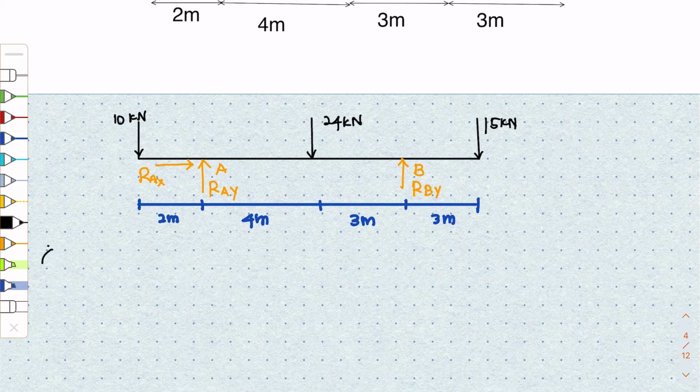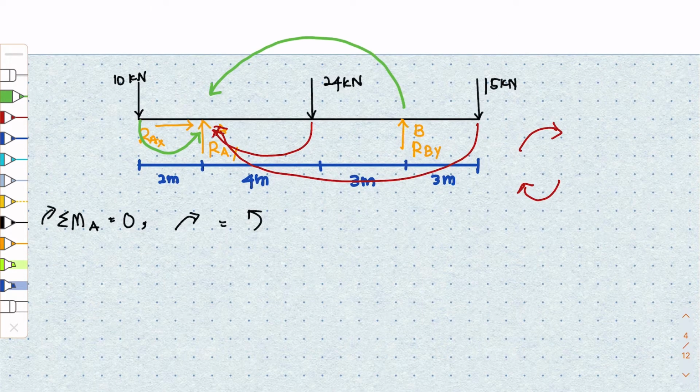We going to take moment dekat, as usual I take dekat A lah. The reason I already explained before. So nak take moment, kita akan tengok mana arah jam dengan arah lawan jam. RBY and 10 kN are anticlockwise, whereas the 24 kN and 15 kN adalah arah jam. Kita buat arah jam dulu, which means yang warna merah tu.